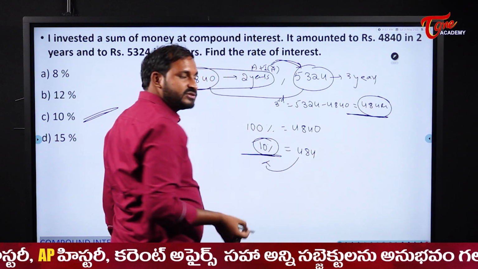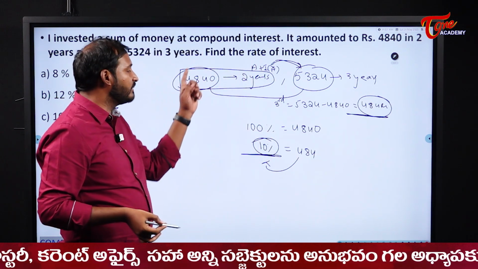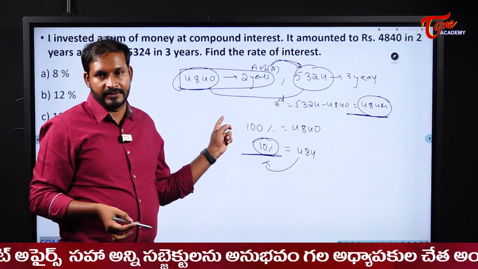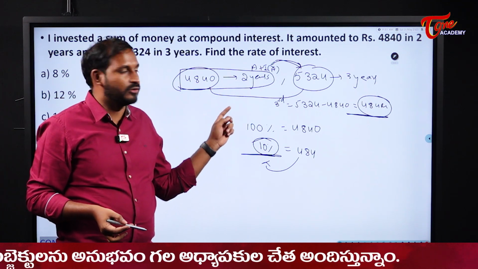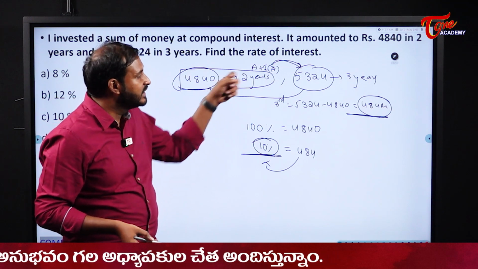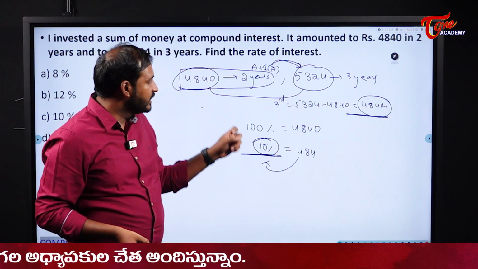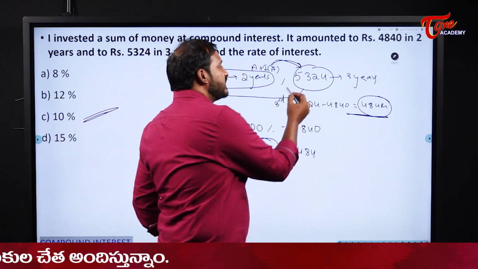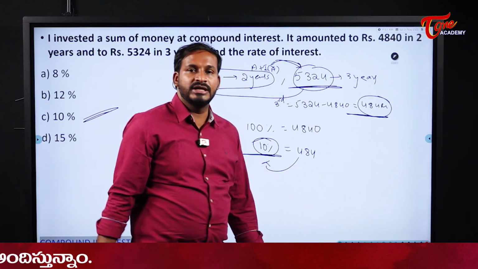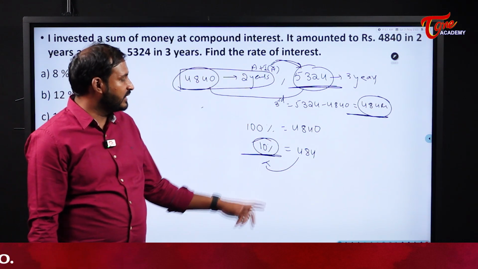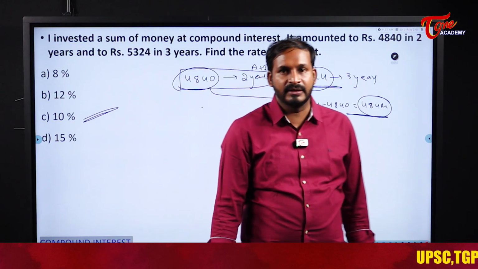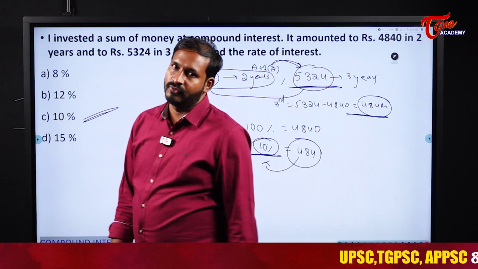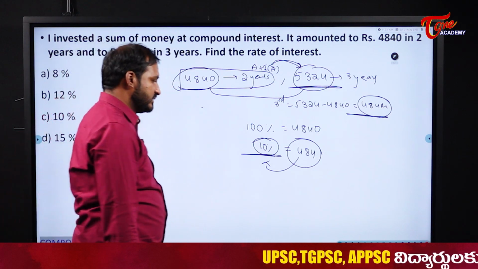This 484 was collected from the previous year's amount, 4840. On this, if I add interest, it will become that one. So my overall amount after 3 years will become 5324. And this 10% is equal to 484. Right.